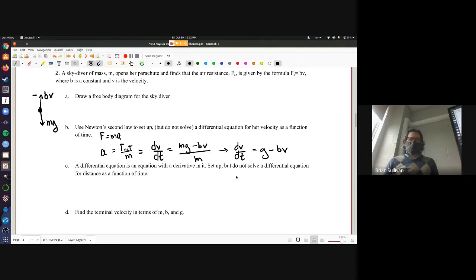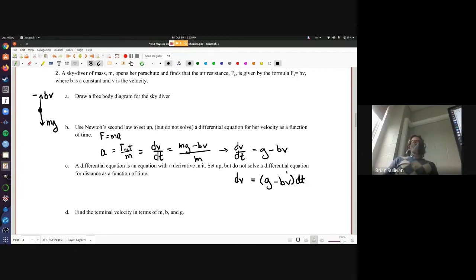So I could separate that equation and say, how do I get a little bit of change dv? Each time a little bit of time goes by, a tick of the clock, dt, I get this much change, g minus bv times that dt. Change in v is acceleration times time, is all we're saying there.